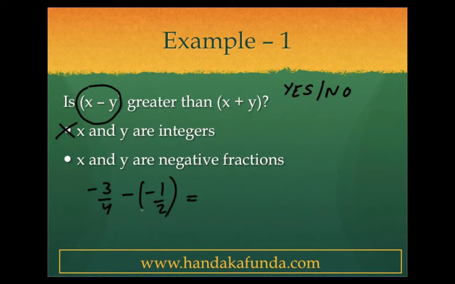What do you get in this case? Minus 3 by 4 minus of minus half, you get minus 1 by 4 as the value here, since minus 3 by 4 plus half will be minus 1 by 4. What do you get as x plus y? x plus y will be minus 3 by 4 and minus half, which comes out as minus 5 by 4.